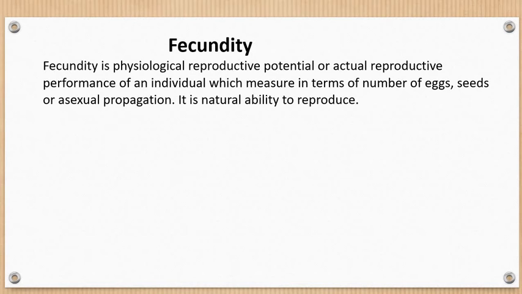So in that case, the number of eggs laid by such an individual, in which parental care is not seen, is always very high, just like 1000 to 5 lakhs during their lifespan.